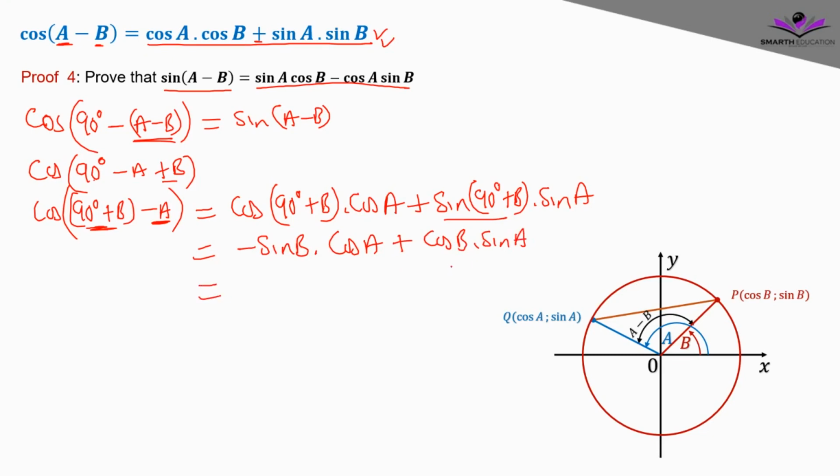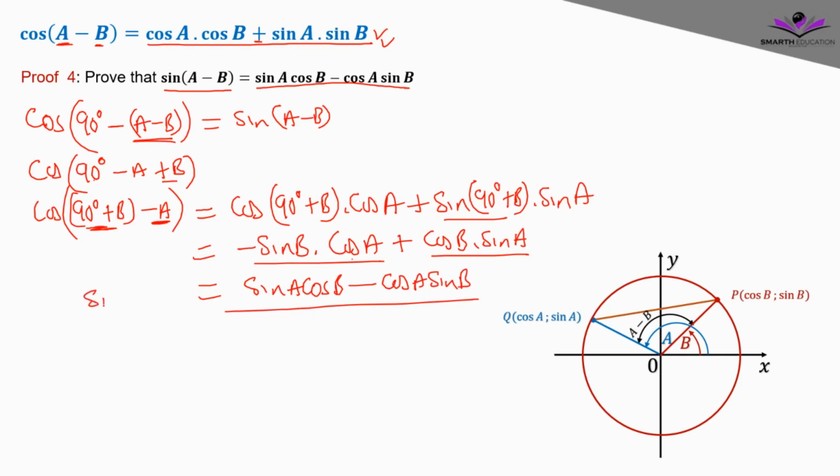Then you can rearrange this. You can start with this and say sin A cos B, and then minus cos A sin B. Okay, so we've proved that sin(A - B) is equal to sin A cos B minus cos A sin B. This is how we prove these four compound angle formulae.